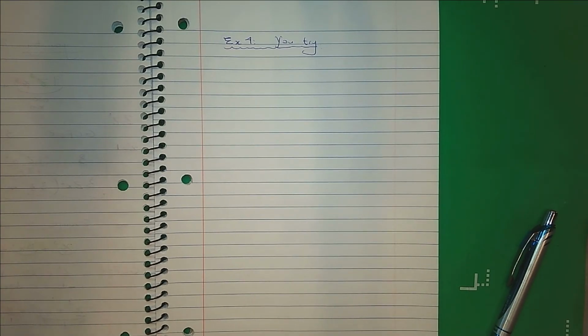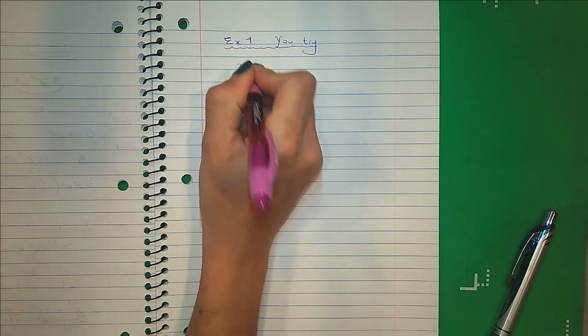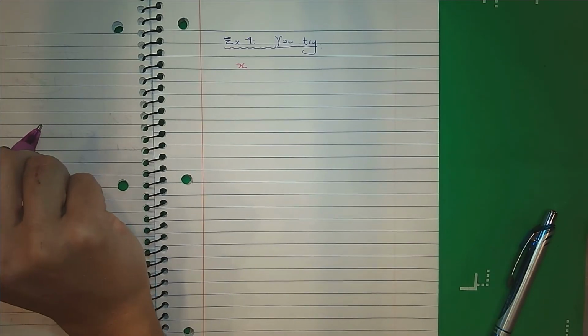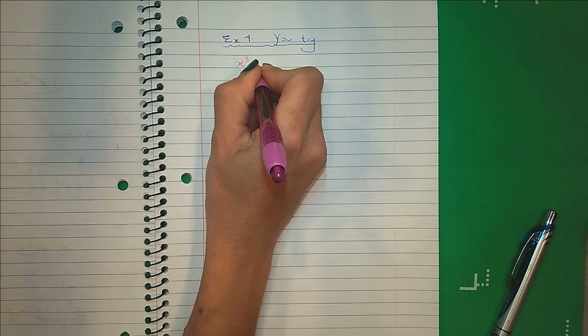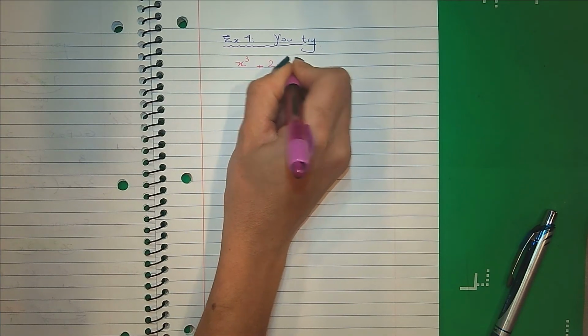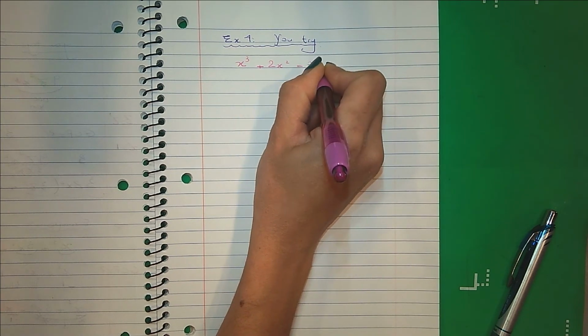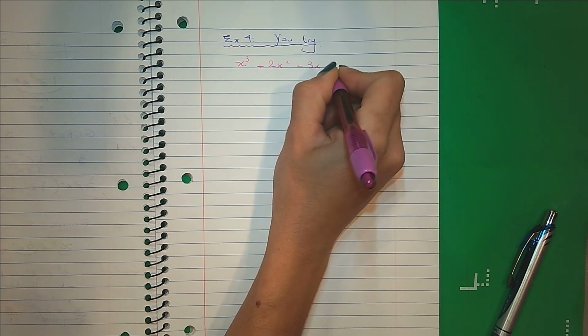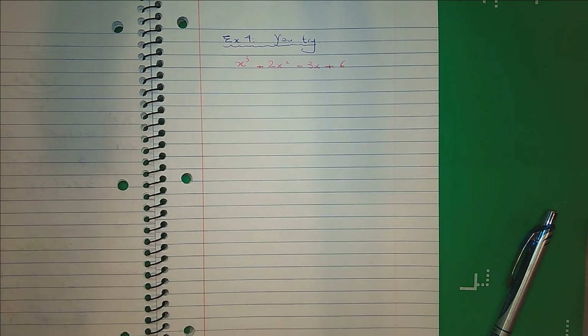Let's do x cubed plus 2x squared minus 3x plus 6. Hattie, I want you to actually do it. So I pause for a minute. I'm not going to pause for a minute, but I want you to pause for a minute and go ahead and try this.